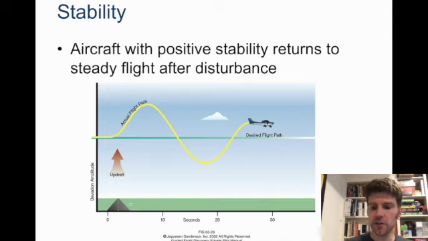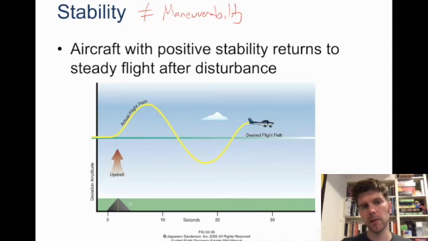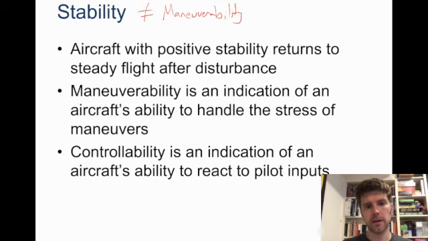And there is a fundamental trade-off that you need to get into with this, which is stability versus maneuverability. Some planes are very, very stable and are not very maneuverable. Military planes tend to be very maneuverable, but not very stable, and we'll talk about that.